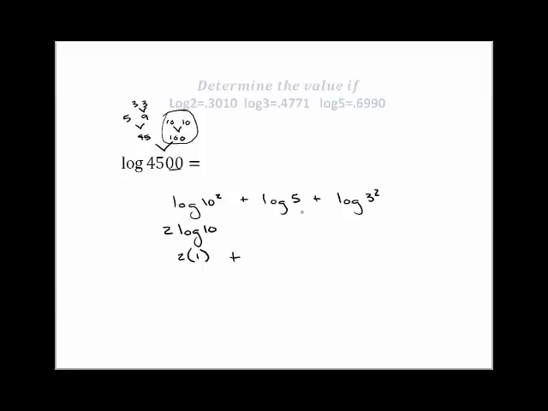Okay, so log to the base 5. What did we say 5 was? 0.6990. And this breaks down to 2. Remember, we bring that 2 into a multiplier. And 3 was 0.4771.